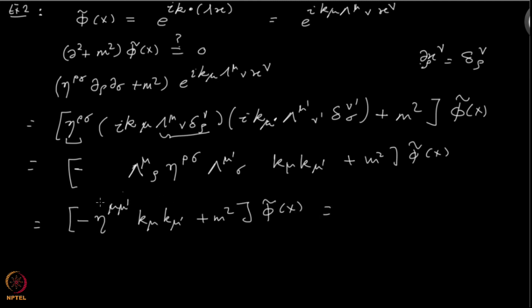This is just minus k square, and again I should have said that the components of k are constrained to be this. Then you see that this is minus k square, which is minus m square, and this is m square, which gives you 0 together. So it's clear that phi tilde of x also satisfies the same equation of motion. And again, no surprise that this should be a consequence of the underlying Lorentz symmetry that we have in the Klein-Gordon theory.